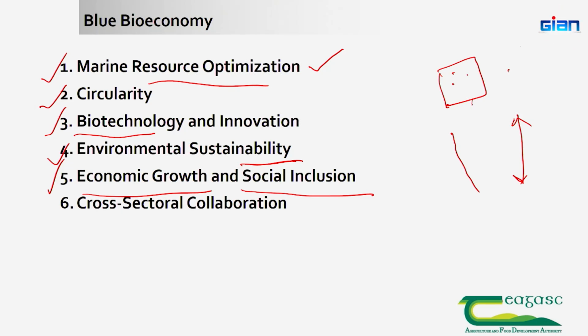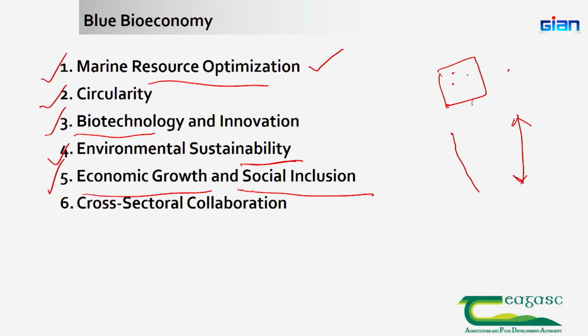Same fish, they may get 10 rupees or 20 rupees per kg, whereas in the market, processed, it gets around 500, 600 rupees, or somebody is extracting oil out of it, getting even more value. So how do we make the benefit go to the primary producer? That is what is known as social inclusivity.